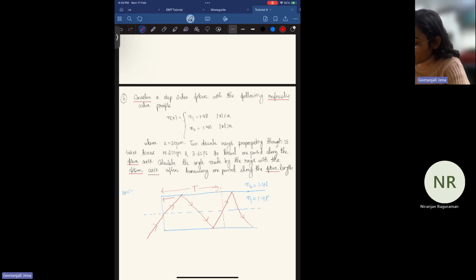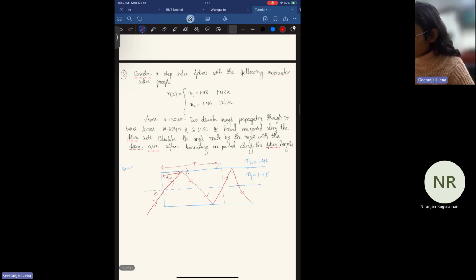And this is the time for 1/4 of the time period. A is the core radius, it is 30 micrometer. And inside this optical fiber, two discrete rays propagating through it take times 14.624 and 3.62 to travel one period along the fiber axis.